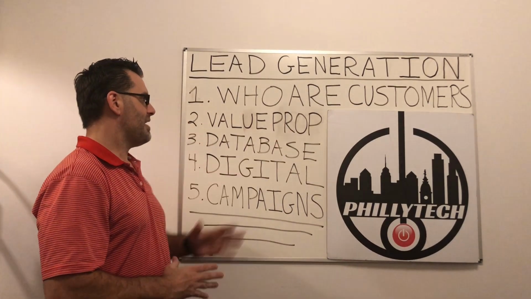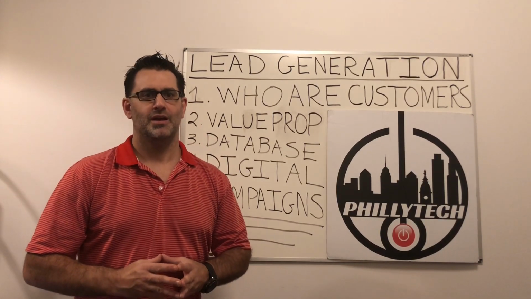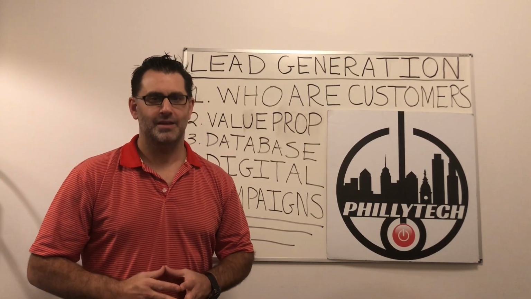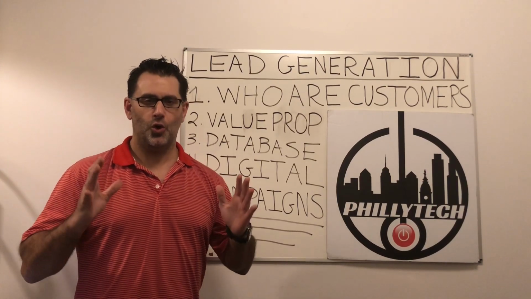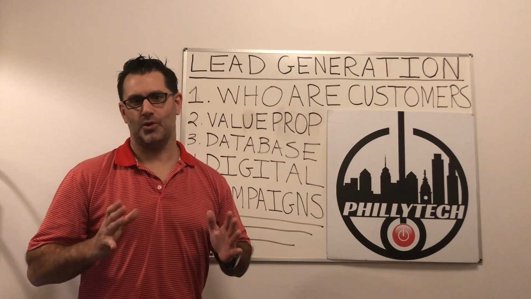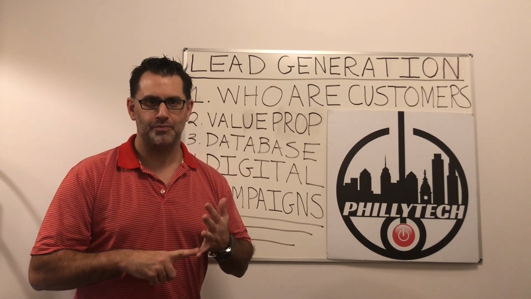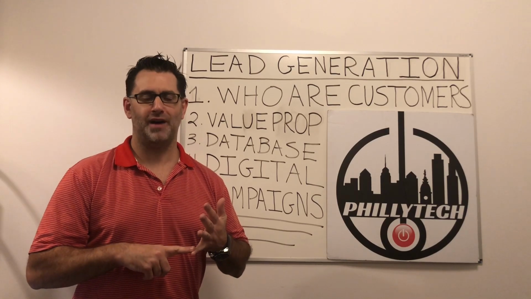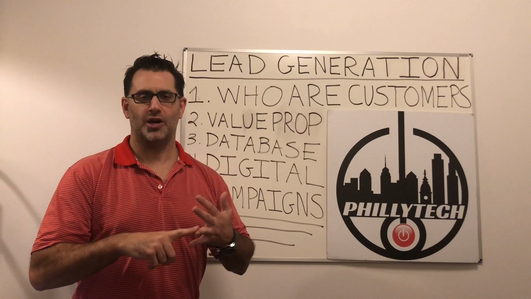The second thing that you have to figure out is your value proposition. Very simple again. Whenever somebody buys a product or service, it's always the same things over and over again. You increase productivity by some type of quantifiable type of metric. You reduce costs.